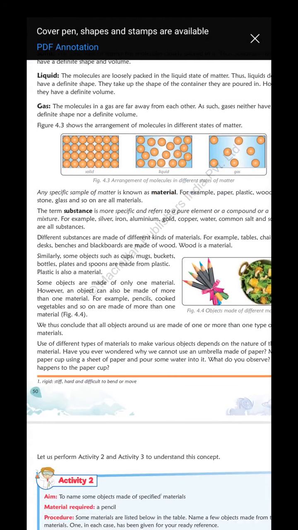And a substance is a pure form of an element. Substance means pure state of an element. Silver, iron, aluminum are substances, pure elements. If we collect some amount of gold, that is the substance of the gold element.